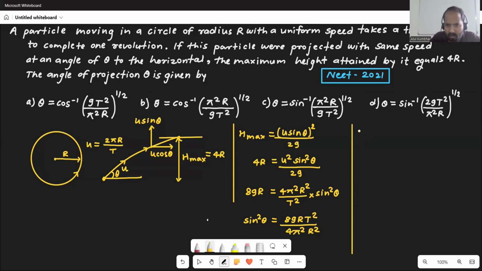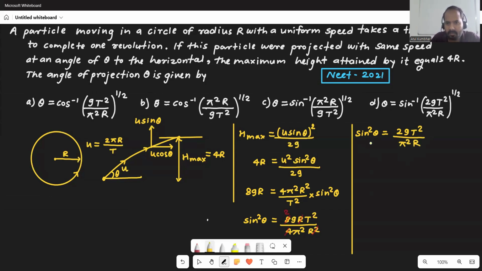Here we cancel: the 4 and 2s, and one r gets cancelled. So we have 2g t square divided by pi square r.